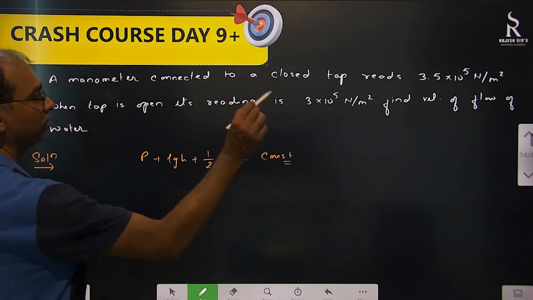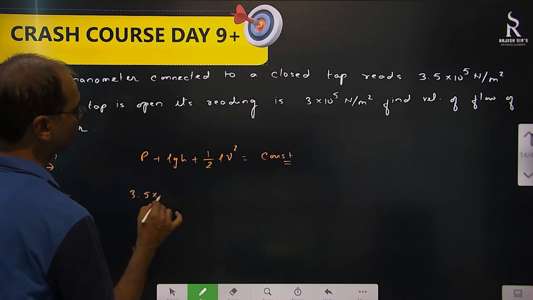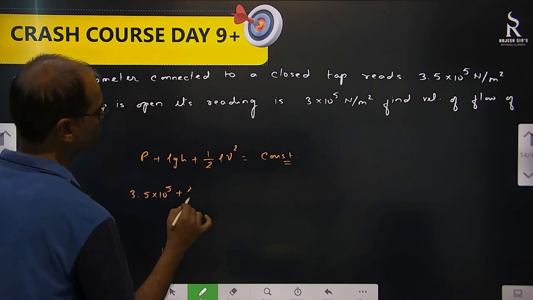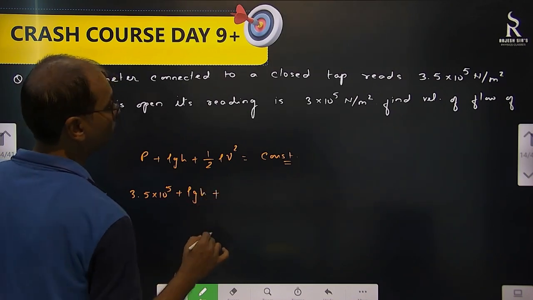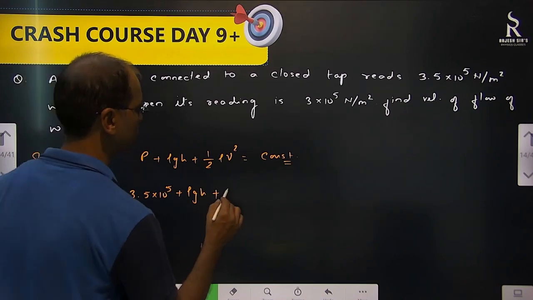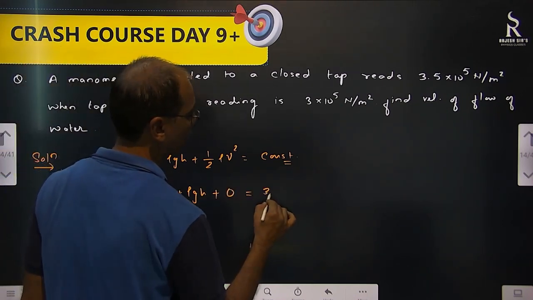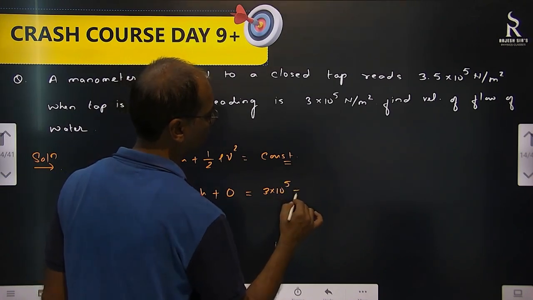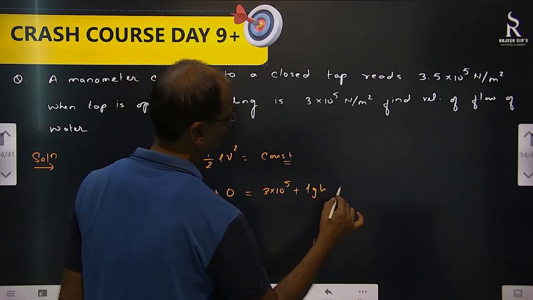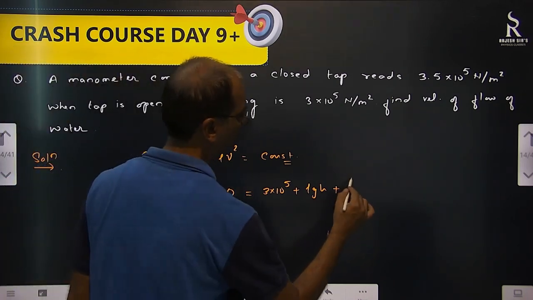Okay. So in the first case, pressure is 3.5 into 10 to the power 5, plus rho gh. When the tap is closed, what is the velocity of the water? Zero. Equal to the second case, 3 into 10 to the power 5 plus rho gh, no change in the position, plus, then what? He is asking velocity, half rho v square.